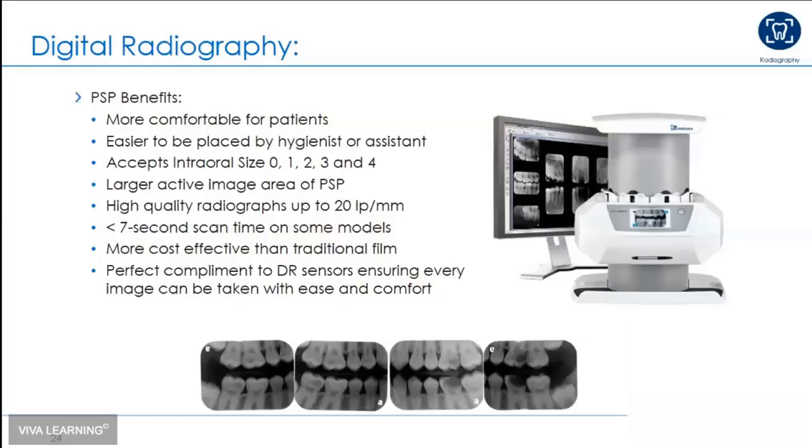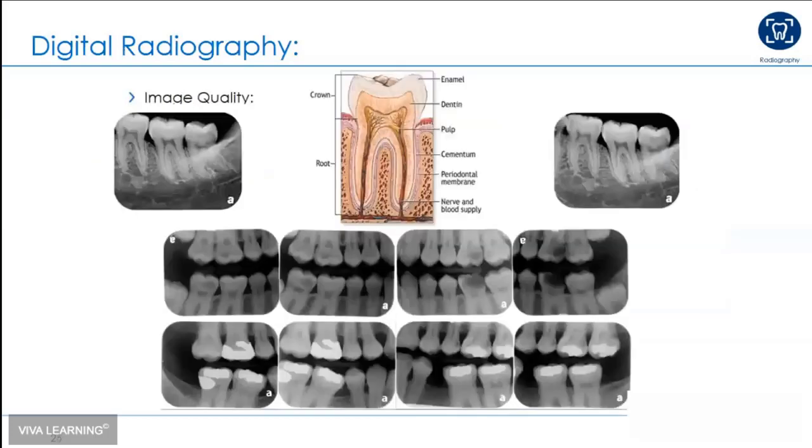If you take into consideration the chemicals, the recycling of the chemicals, it makes no sense to have that in the office anymore. And it certainly is a perfect complement to rigid sensors, ensuring every image can be taken with complete comfort. So I think that you need to certainly give good thought to this.